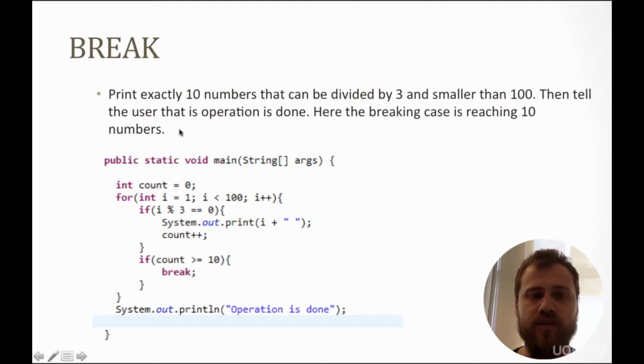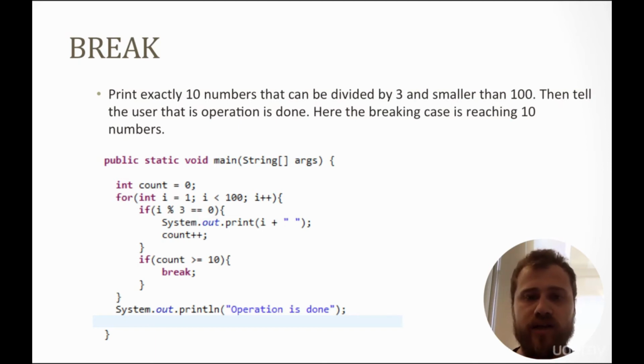Let's see an example. Here we are asked to print exactly 10 numbers that can be divided by 3 and are smaller than 100. So the boundaries of the for loop are between 0 or 1 and 100, because all the numbers must be smaller than 100, and when we reach number 100, the for loop should be completed.